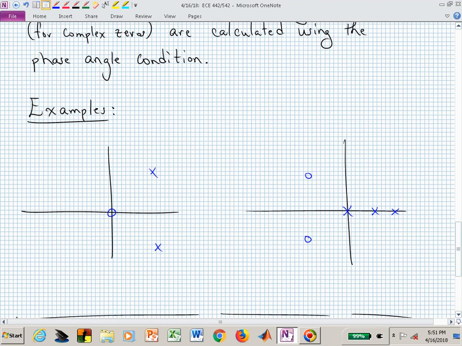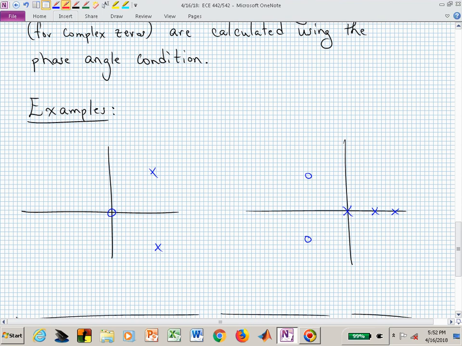But here are some pictures, maybe. Two different cases. Can you sketch quickly, without actually calculating the departure angle and the arrival angle, what these root loci might look like from these pole zero patterns? Let's look at the one on the left. What does rule number 2 tell us? How many real line segments are there in this leftmost picture?